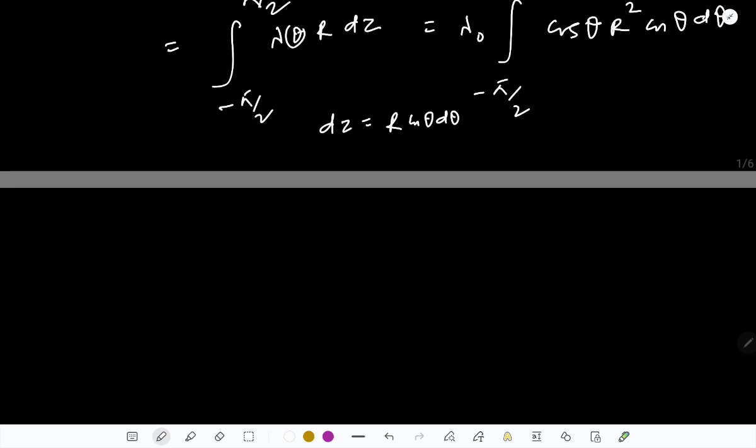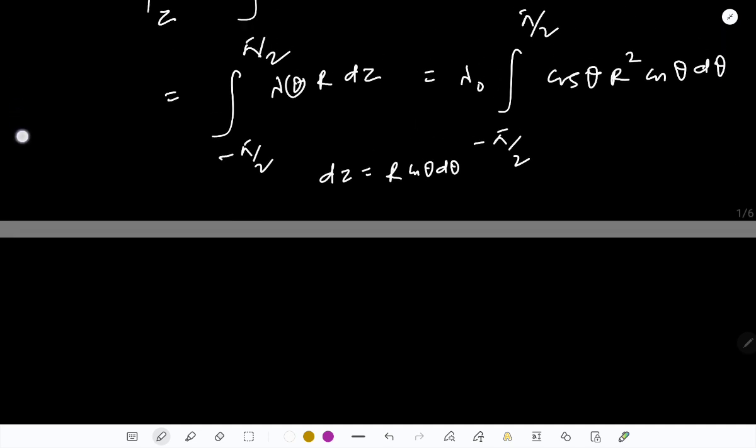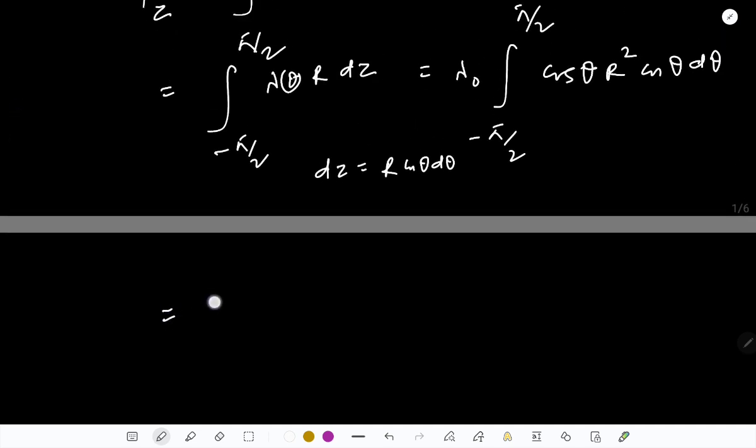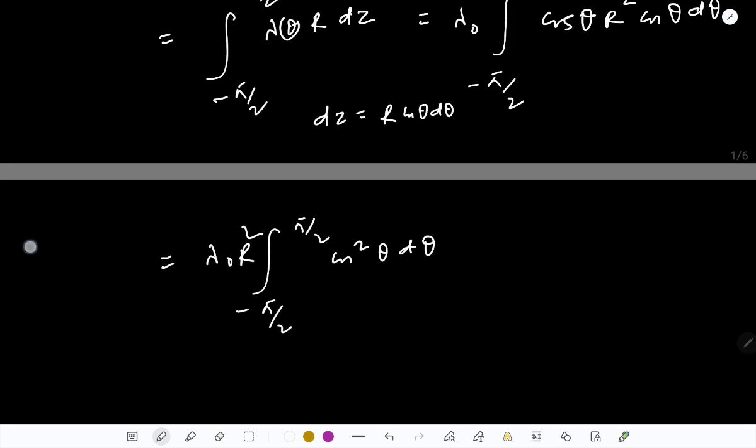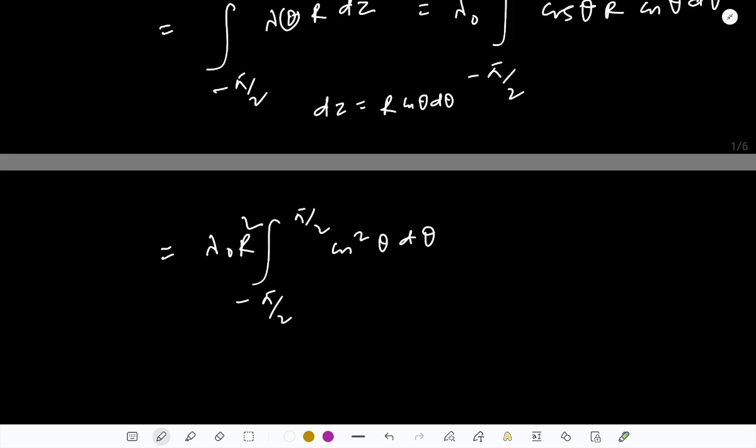Then the integration becomes lambda naught times the integral from minus pi by 2 to pi by 2 of r square cos square theta d theta, and we know how to solve it. This is simple to calculate, and the result is q r pi upon 4.